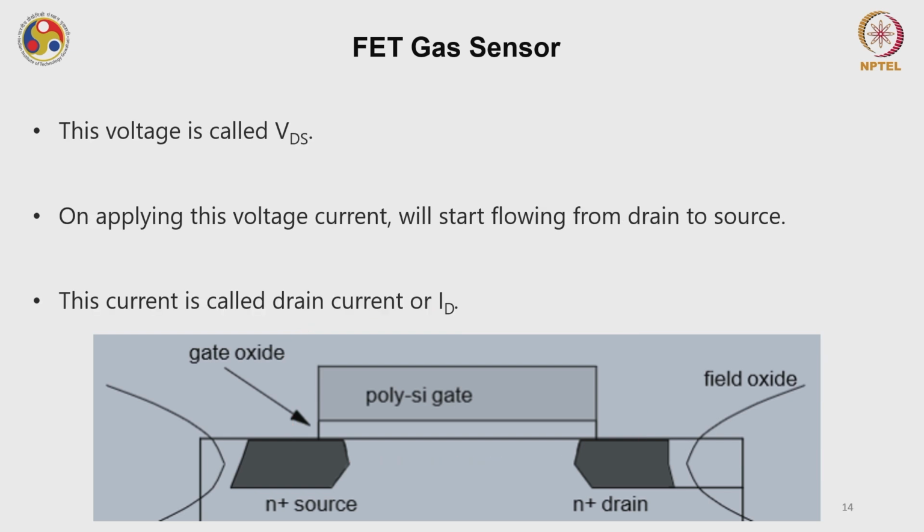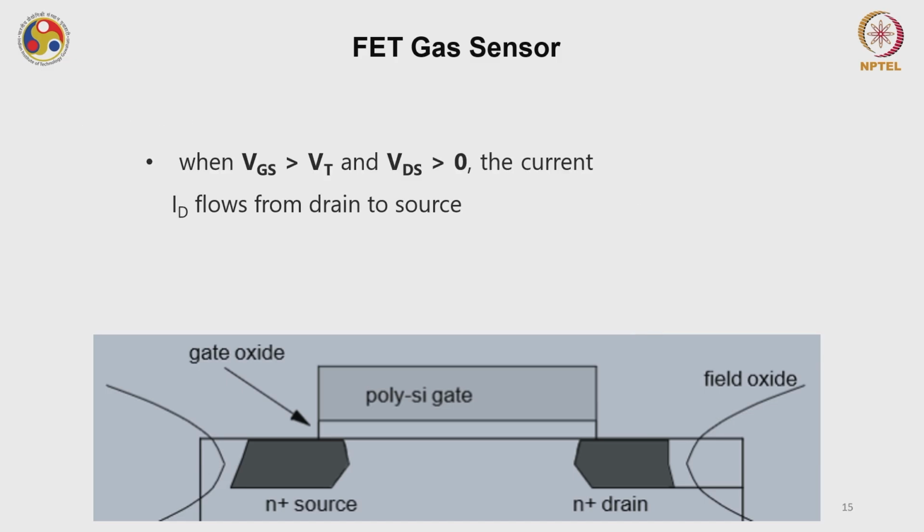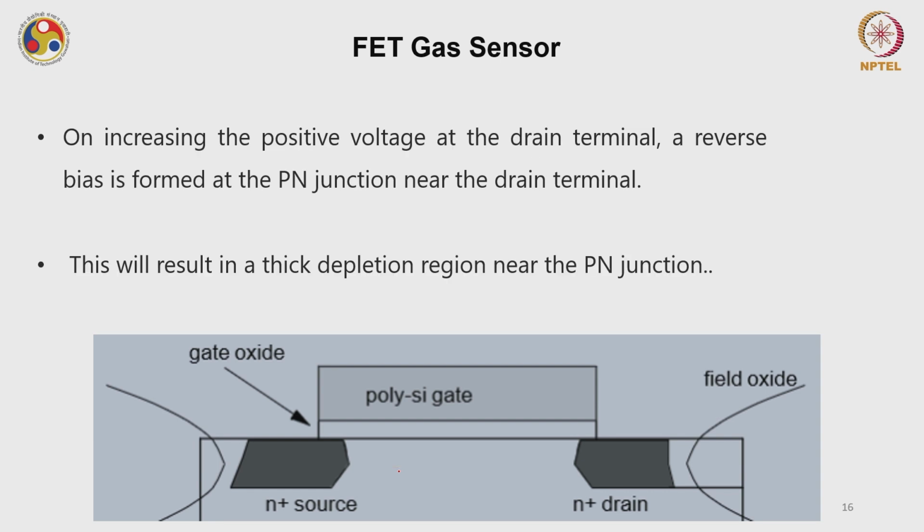This voltage at drain is known as VDS. On applying this voltage, current will start flowing from drain to source. This current is known as ID, the drain current. So, when VGS is greater than VT and VDS is greater than 0, the current ID flows from drain to source, right?